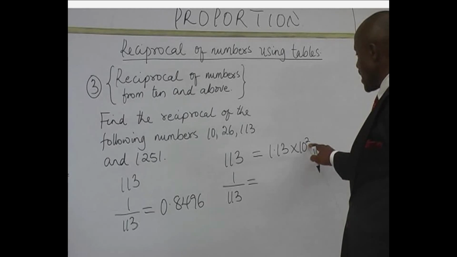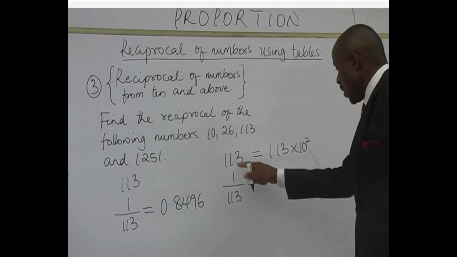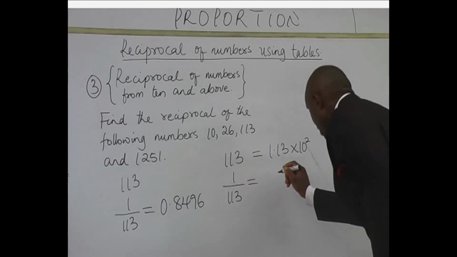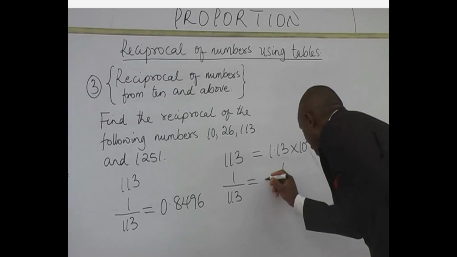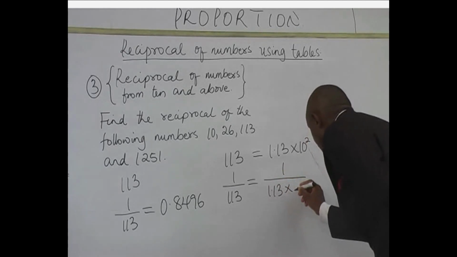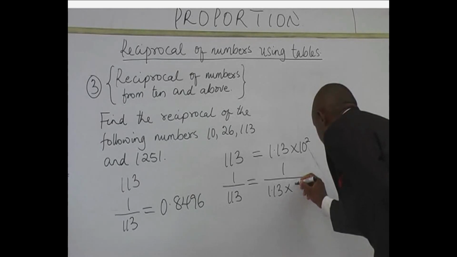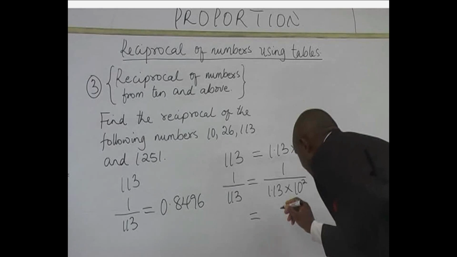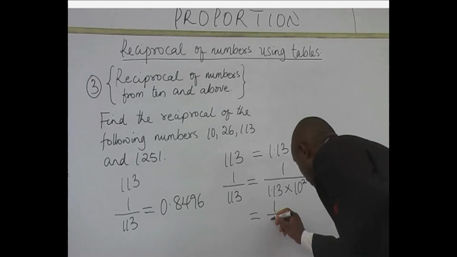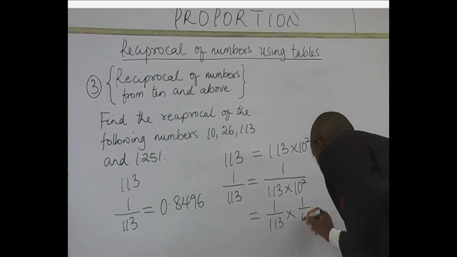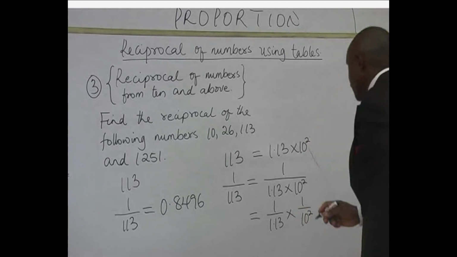That is why you are raising 10 to the power of 2. Now the reciprocal of 113 means 1 all over 1.13 times 10 exponent 2. It is also the same thing as 1 all over 1.13 times 1 all over 10 exponent 2.